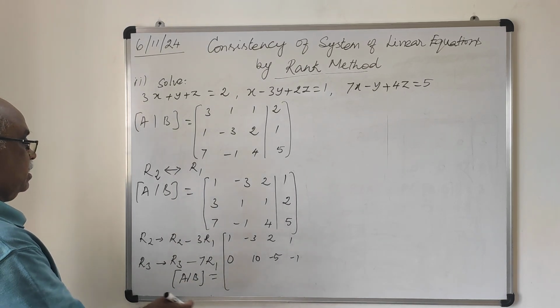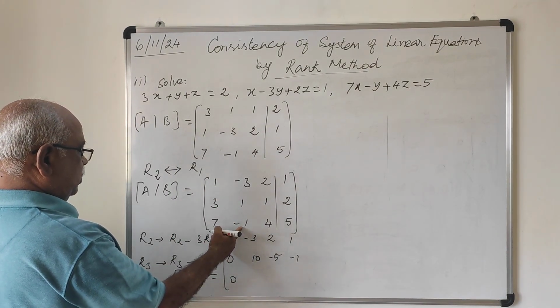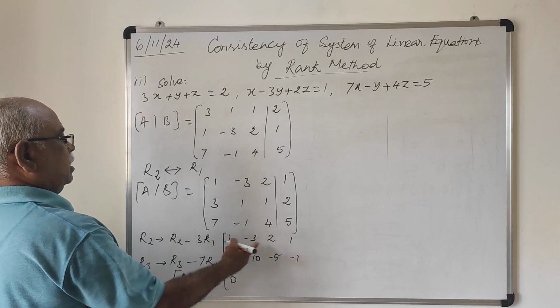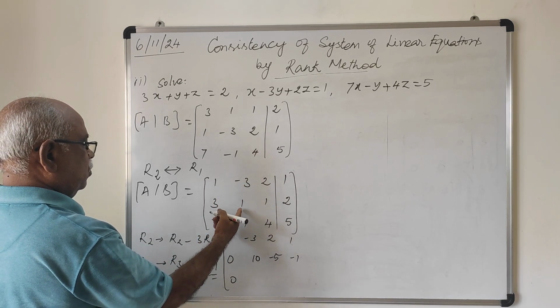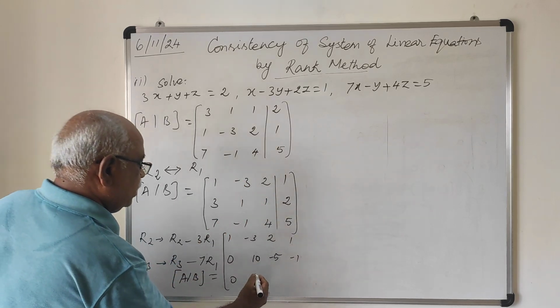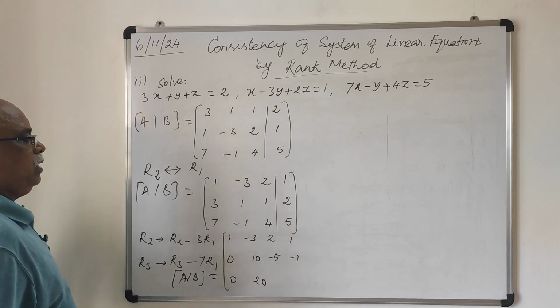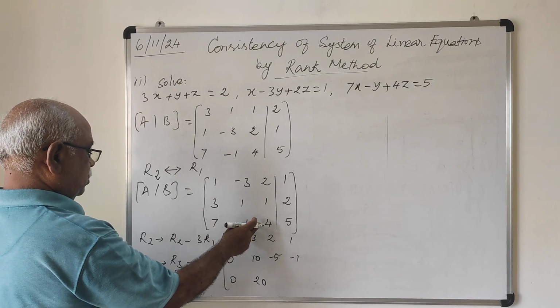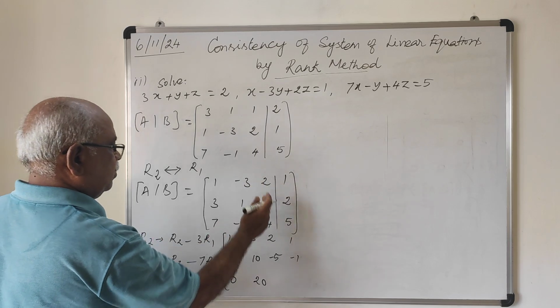Similarly, R3 minus 7R1. 7 minus 7, 0. R3 is minus 3, 7 3s are 21. Minus of 7 times minus 3 is plus 21. Minus 1 plus 21 is 20. Similarly, R3 is 4, minus 7R1: 7 2s are 14, 4 minus 14 is minus 10.